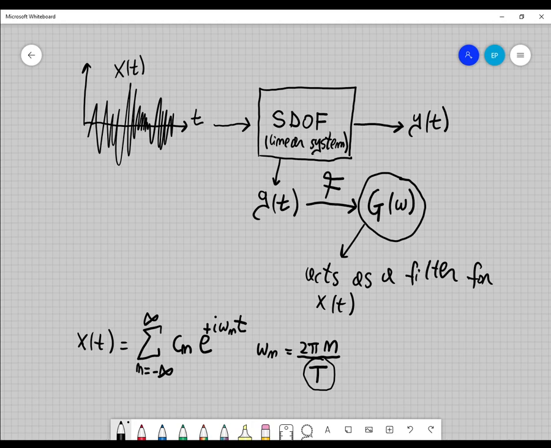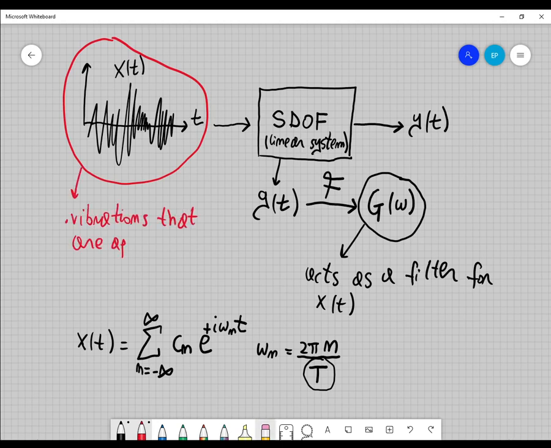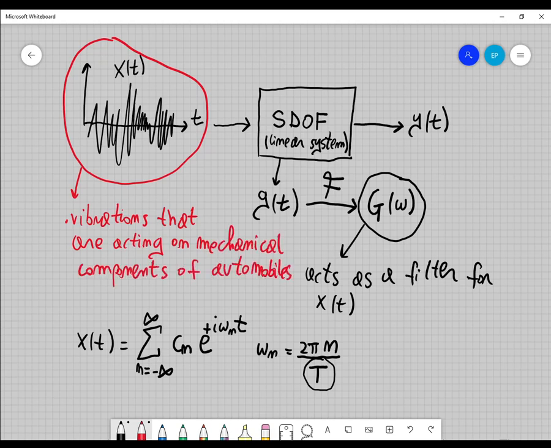These signals in nature can be found very frequently because, for example, this signal here might represent vibrations that are acting, let's say, on mechanical components of automobiles or vehicles, whatever you like. But we could also have other signals.